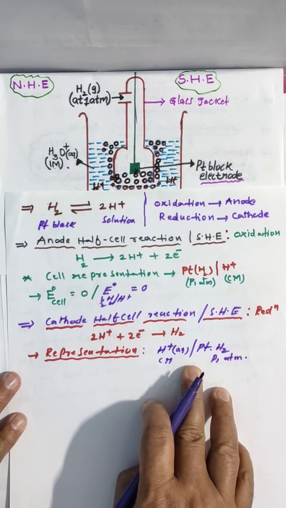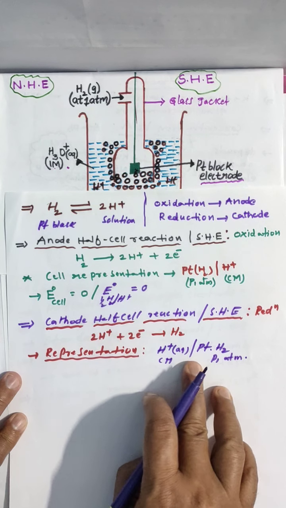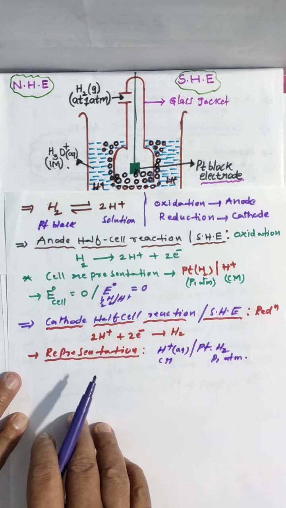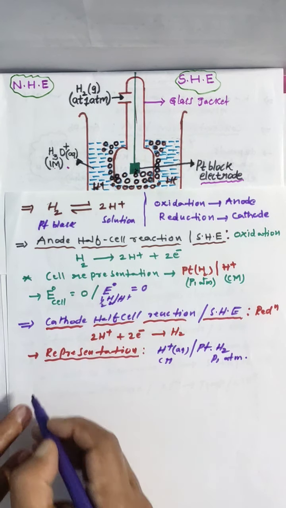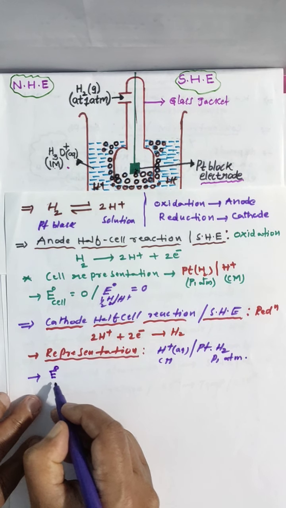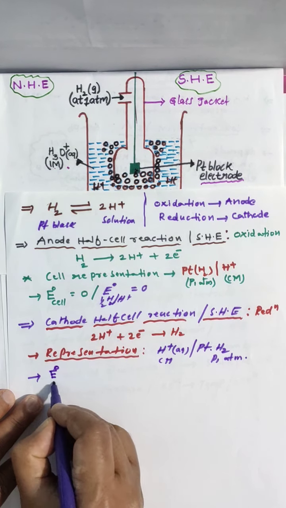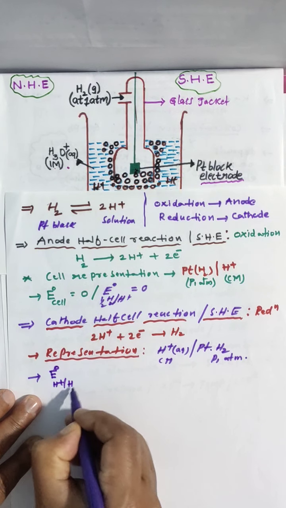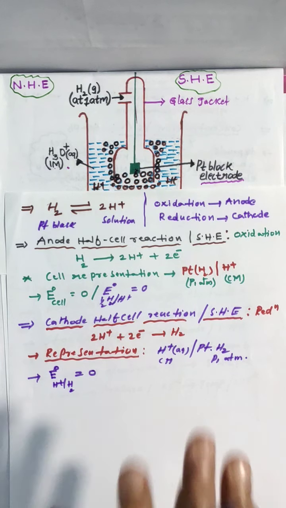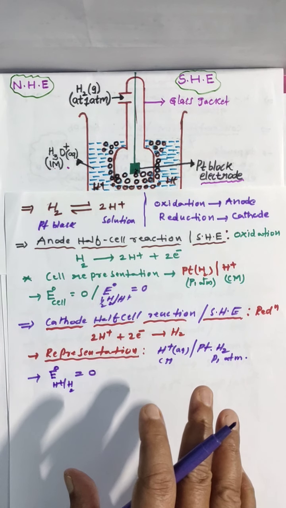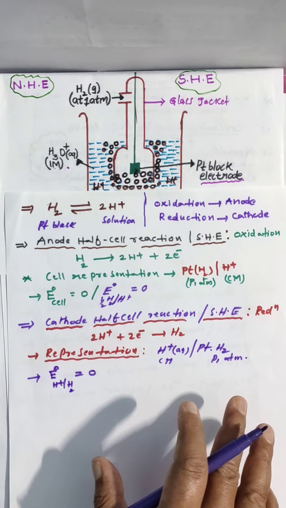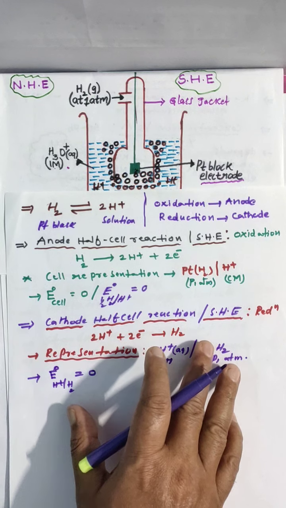This is the reductive representation of the half cell. This is the oxidative representation. So this will take place. And E naught reductive potential, H plus bar H2, is 0. So remember, for SHE, oxidative or reductive potential is always 0. This is how SHE works.